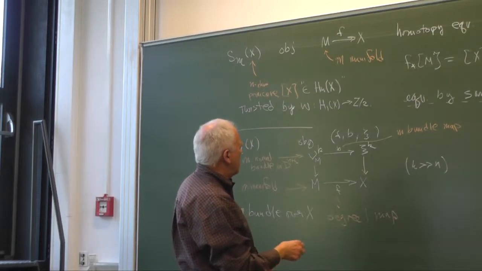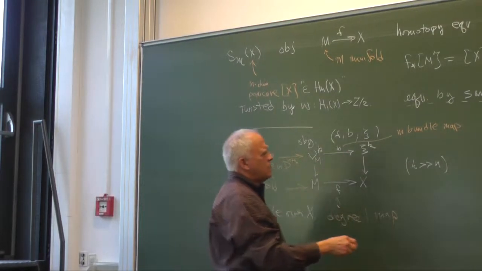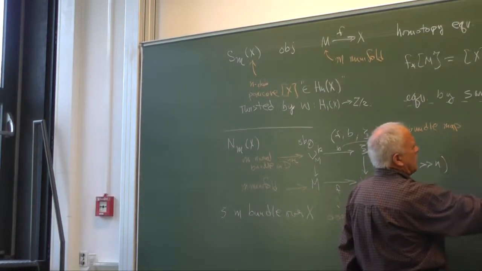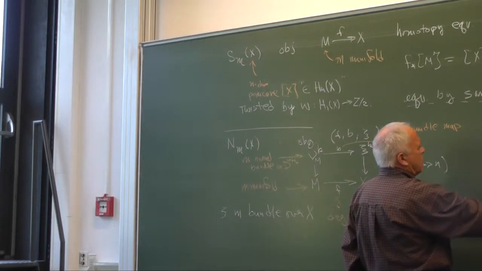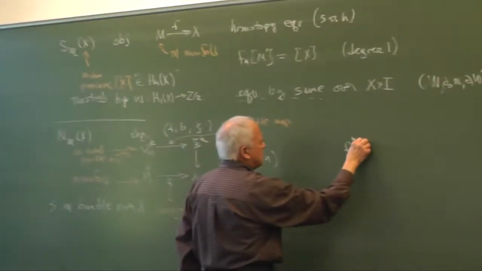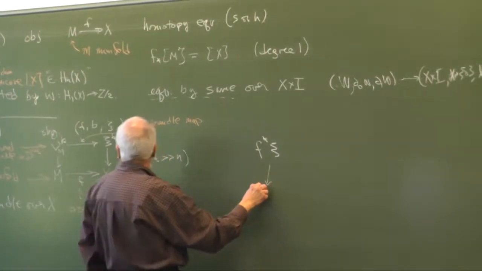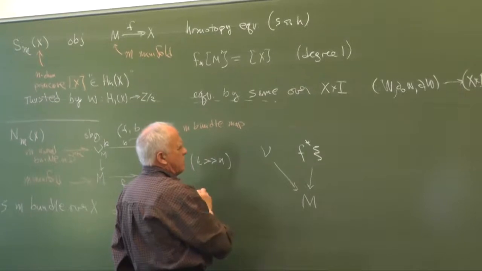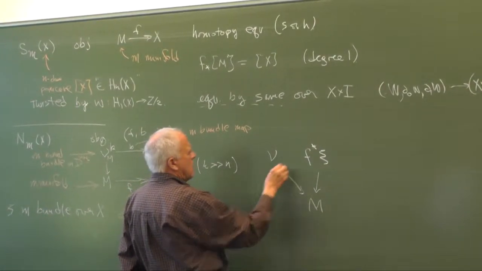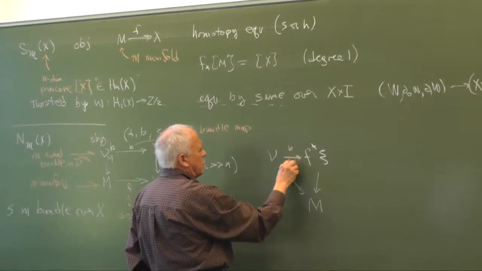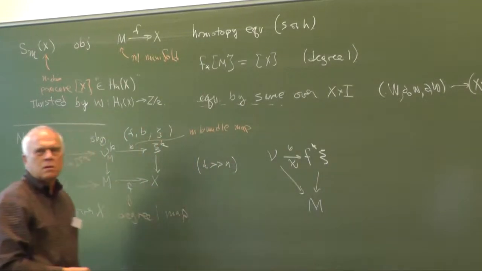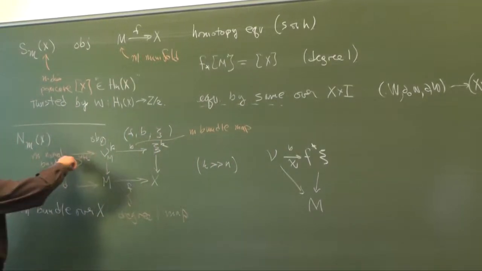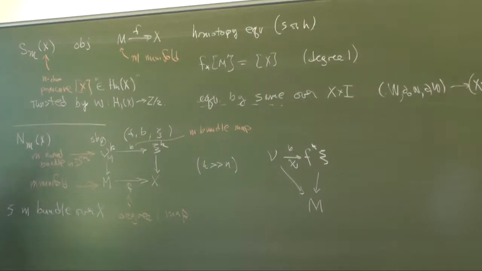Maybe a better way to state that is that you can take F and pull back C, so that's over M. And then here we have nu, the normal bundle, and then B is an isomorphism. So it's an isomorphism composed with a pullback.